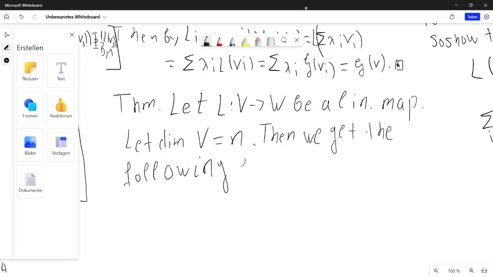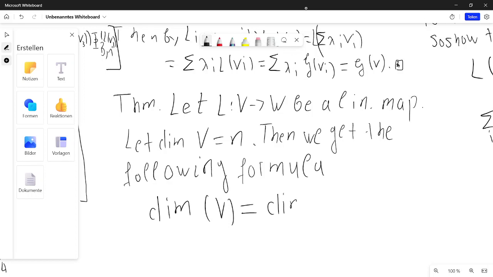So for any linear map, we get this formula. And that we will prove now, or I'll try. See if it works, right? And now you know what dimension is. Back then it was not known at all, but now: codimension of the kernel plus dimension of the image.